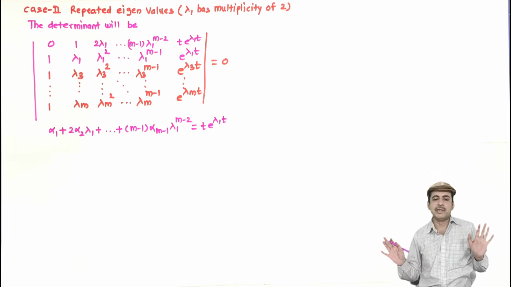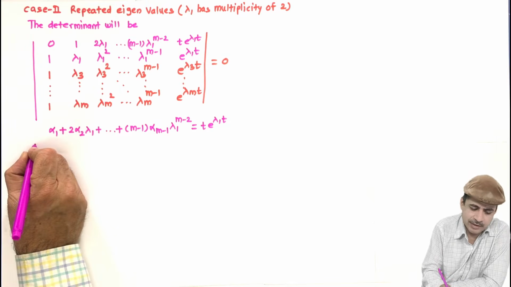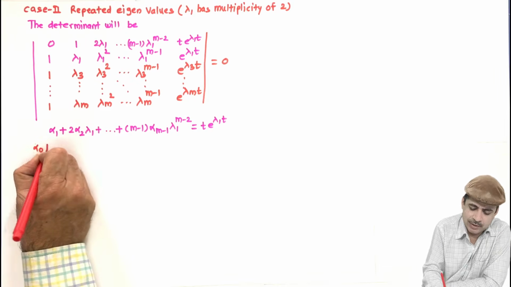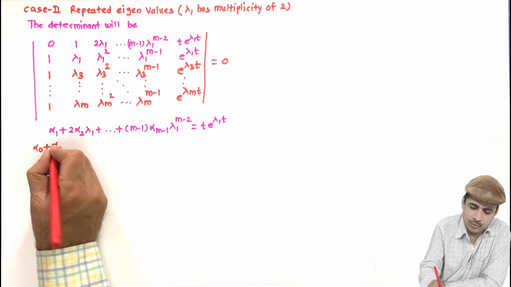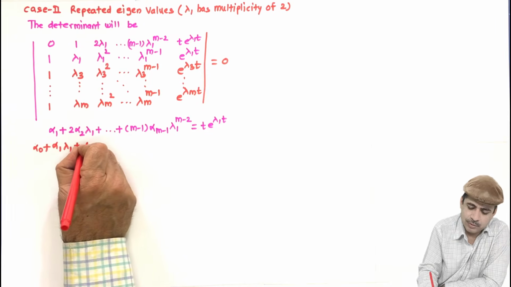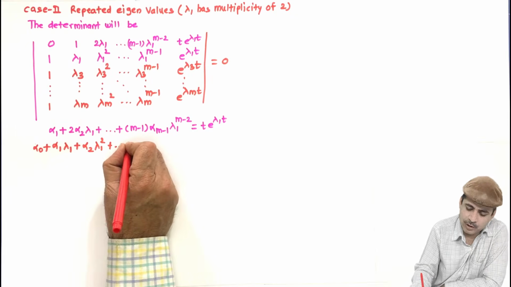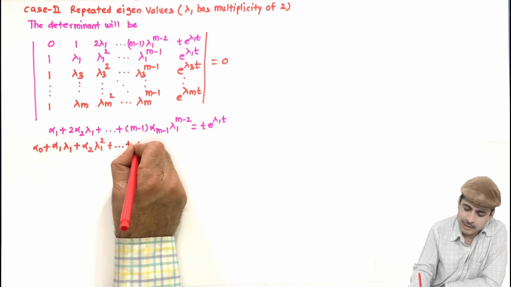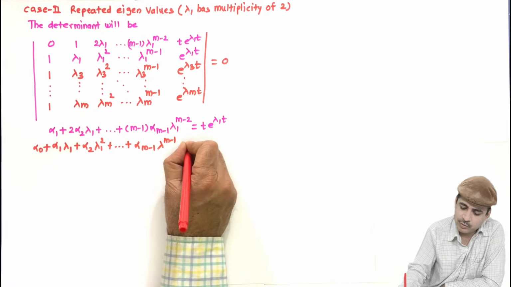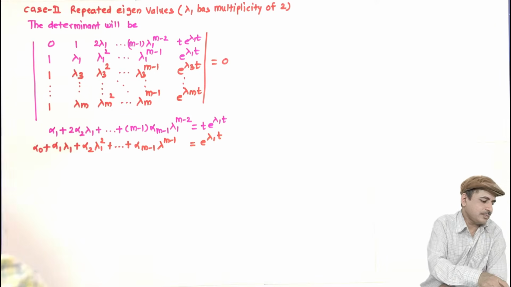The first equation is only different. The remaining equations are same. The next equation will be alpha 0 plus alpha 1 into lambda 1 plus alpha 2 into lambda 1 square, so on up to plus alpha m minus 1 lambda 1 raised to m minus 1, and this will be equal to e raised to lambda 1 t.